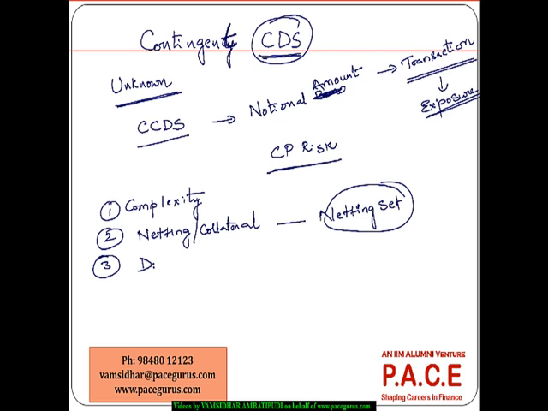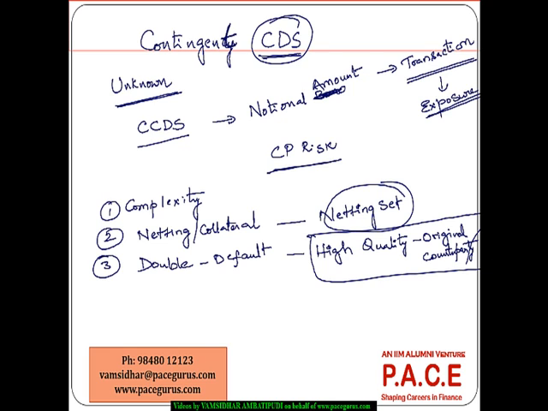And there could be a possibility of double default. Because the CCDS provider, that particular entity, needs to have very high quality, and they really need to be very much uncorrelated with the original counterparty, otherwise there is wrong way risk. If the wrong way risk is higher, then probably the whole concept of CCDS will go to waste, and it's very hard to have a provider who is of high quality and who is nowhere correlated with the original counterparty.